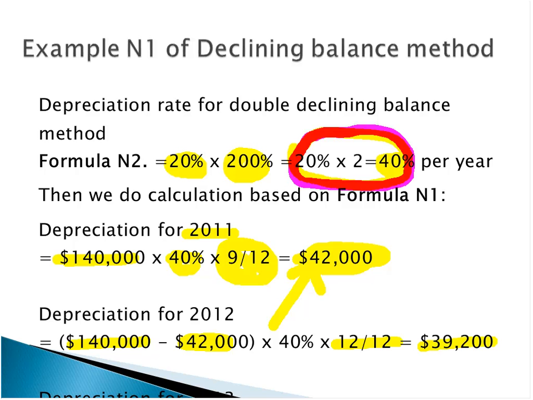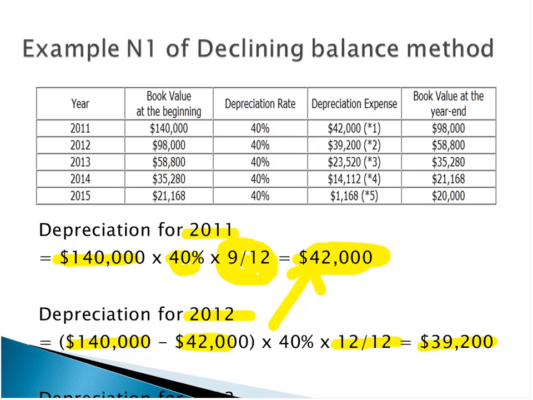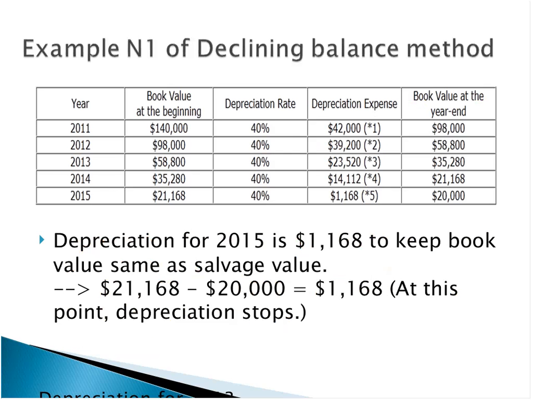And for the next years, we do the same calculation as we have done for the depreciation in 2012. I have prepared a table, then you can see, it would be easier for you. Let me show you. You remember we have done some calculation for 2011.